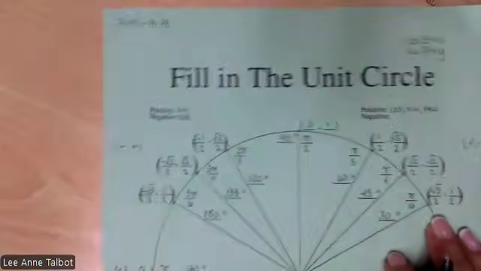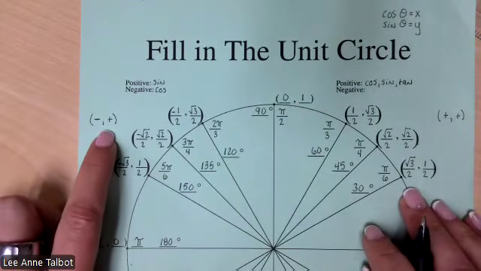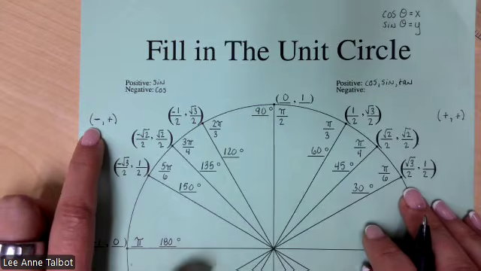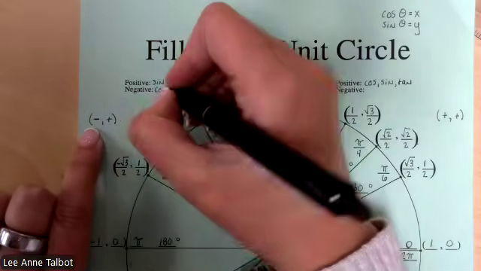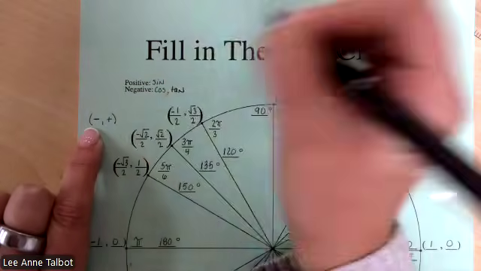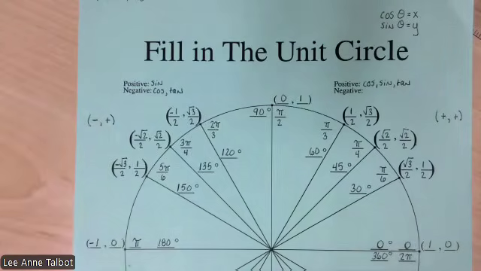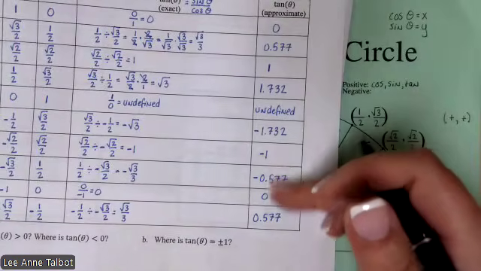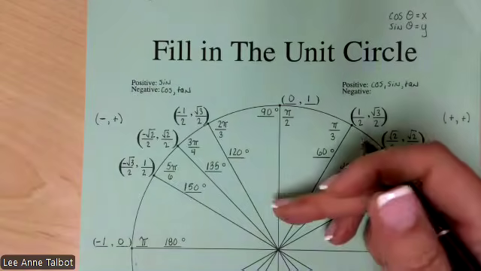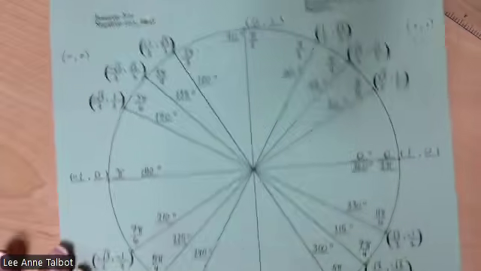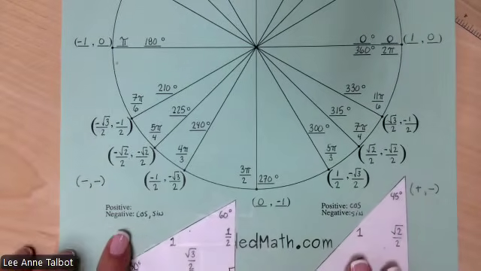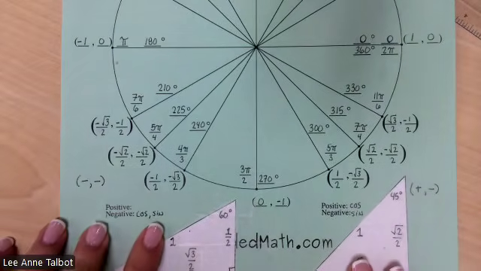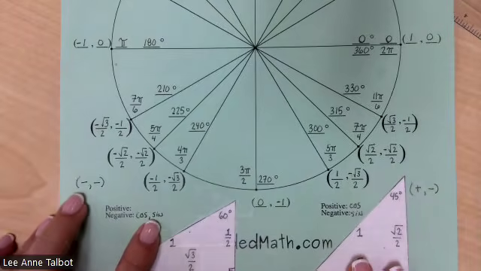Okay, now let's use our logic. What's a positive divided by a negative? Negative. So in quadrant 2, tan will be negative, and that makes sense because these were all quadrant 2 entries. Okay, what about quadrant 3? What's a negative divided by a negative?